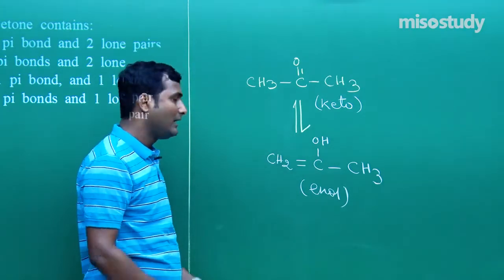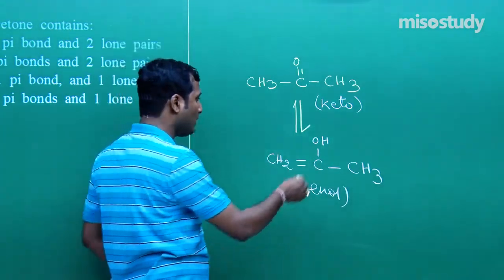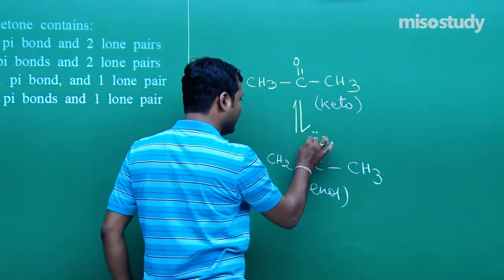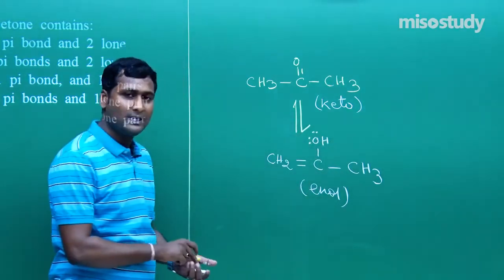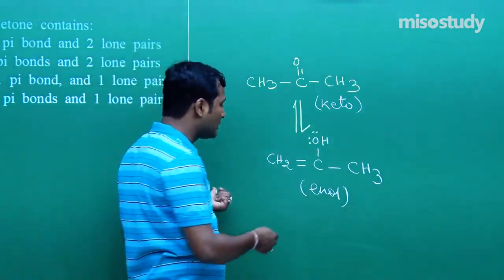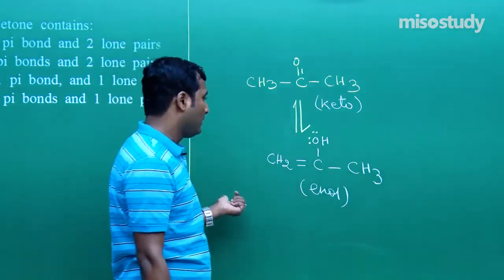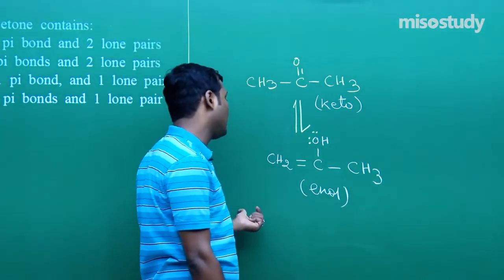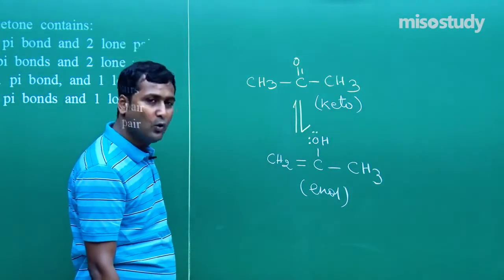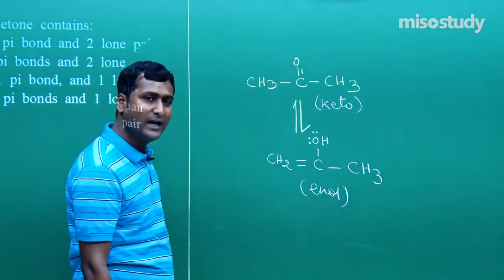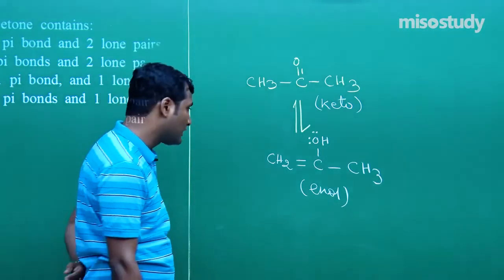Keto and enol. Now find out the number of lone pairs of electrons. Clear? Now what is the question? The number of sigma, pi and lone pair. How many sigma bonds here, how many pi bonds, how many lone pairs of electrons in keto and in enol form. Now check it out.